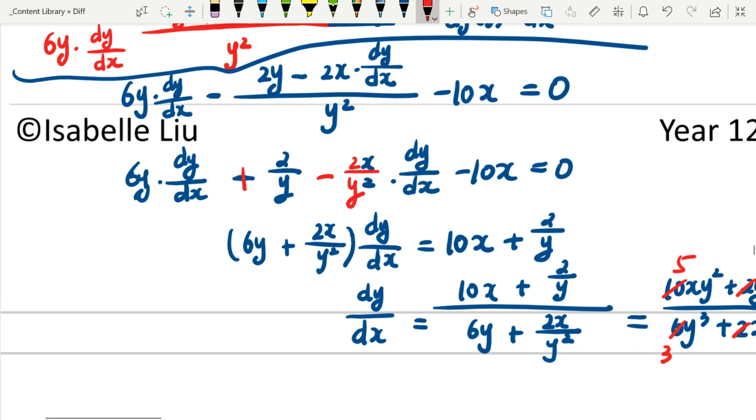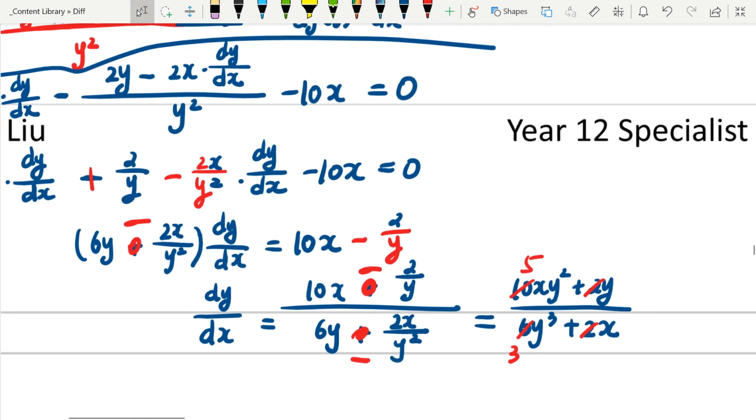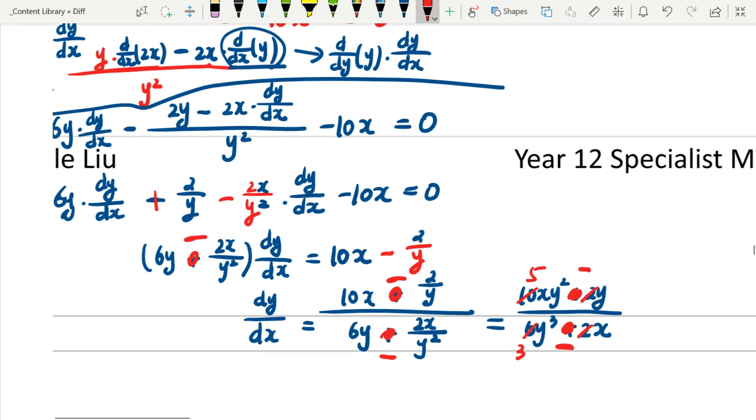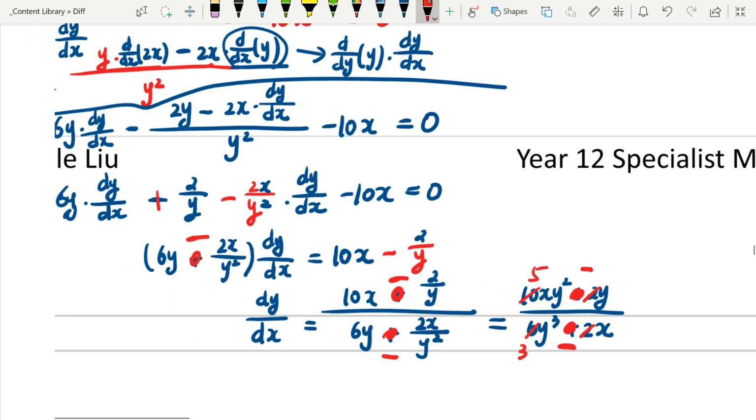Then which sign will change? This sign will change. And then this will be a minus sign. 6y, that's a minus. And that's a minus. That's a minus, that's a minus. I copied the sign wrong from the top line. That's a plus.